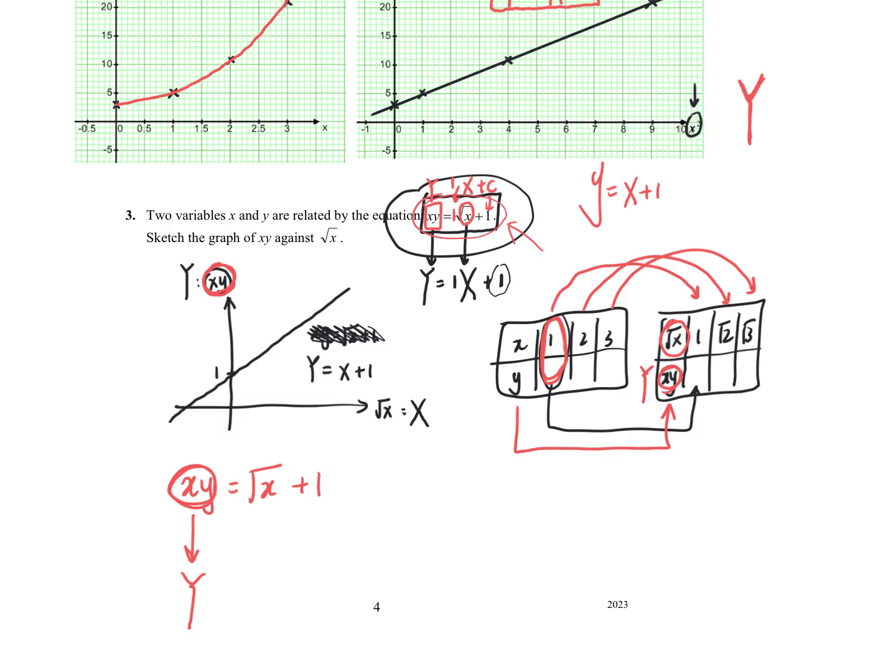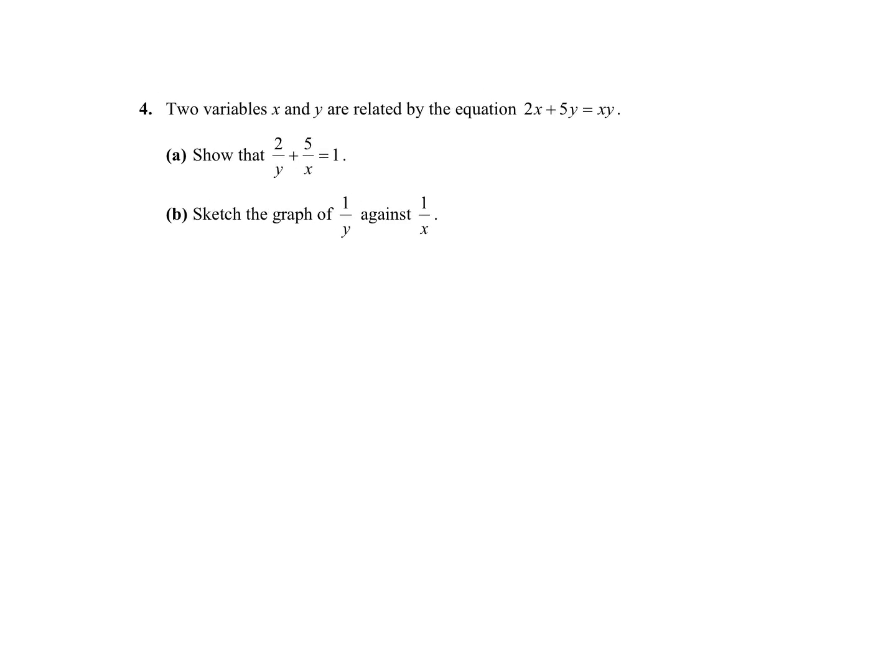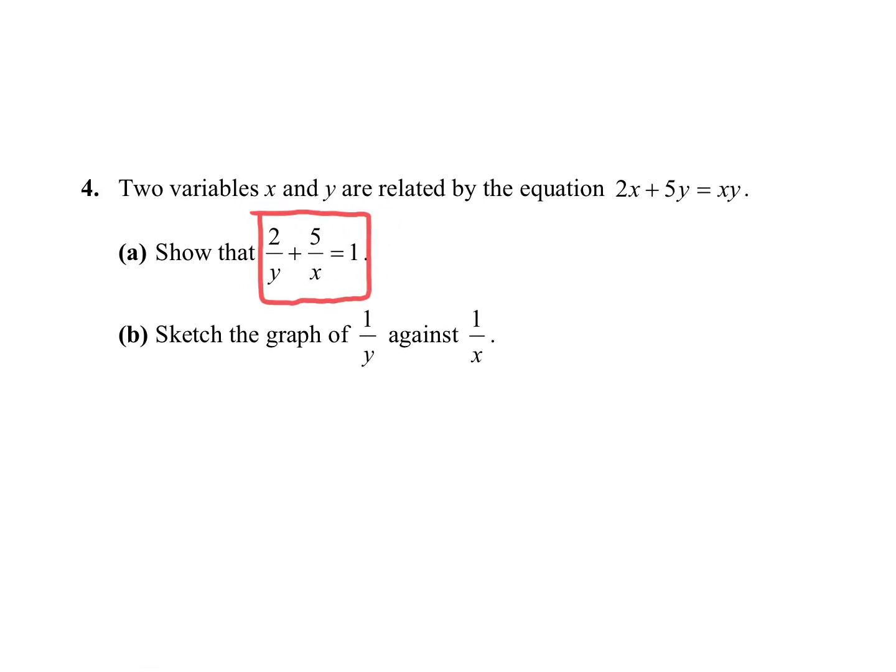Okay, so example. So next, this one. This question says, can you show that I will get here? What should I do to get here? This is the typical one. So how do I get from here to here? What do you think they do? Okay, so divide by xy throughout. So everything divide by xy.